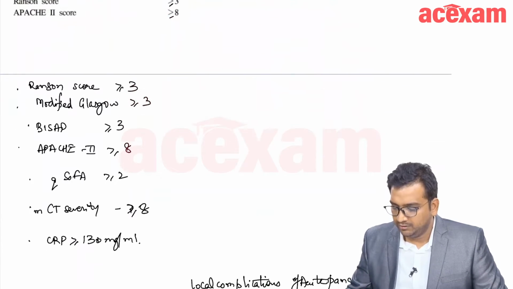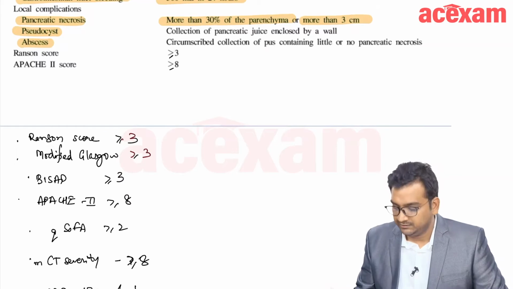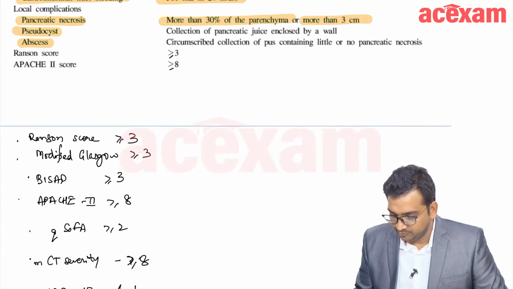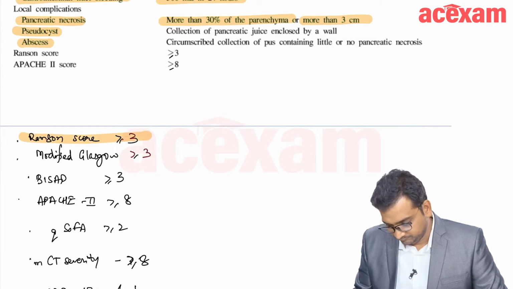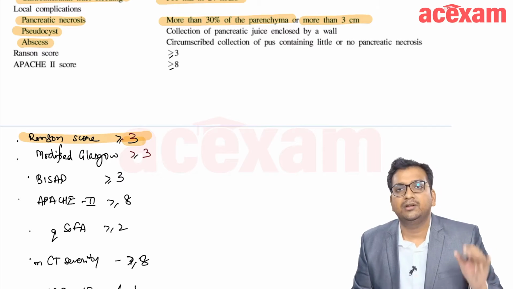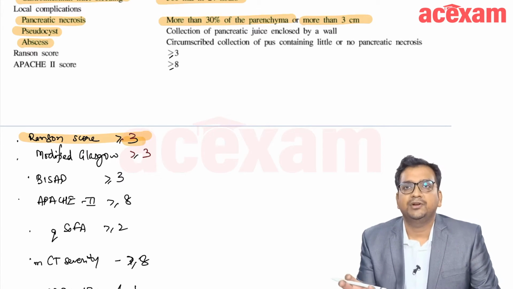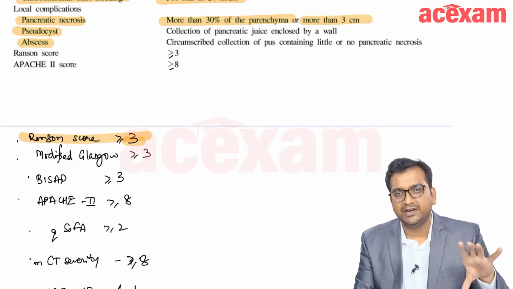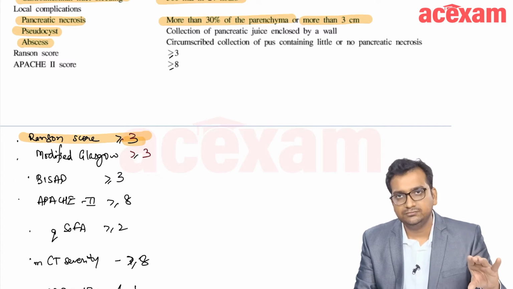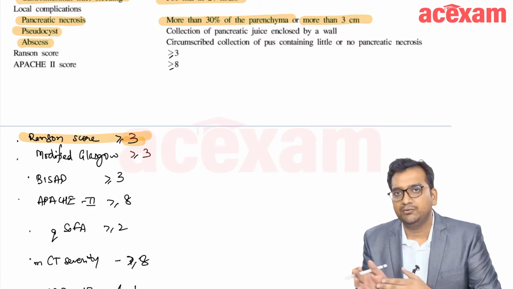Now, what are all the points for severe acute pancreatitis? If the Ransom score is more than or equal to 3, it is severe acute pancreatitis. How do we calculate the Ransom score? For non-gallstone pancreatitis, there are 5 criteria at admission and 6 criteria at 48 hours.